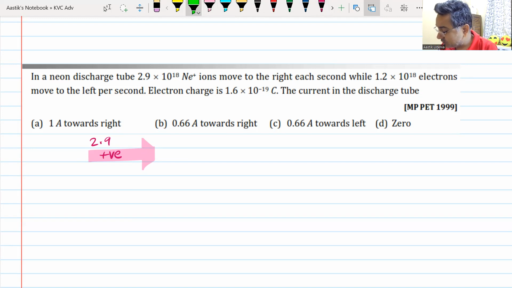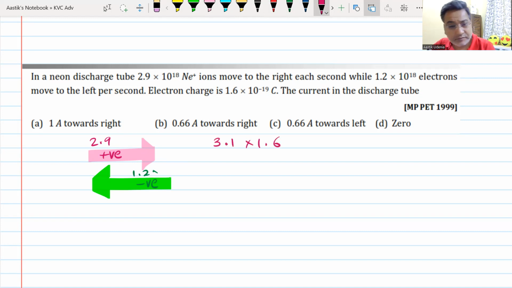Negative charges are moving from here to here. Now, negative charges moving from here to here, 1.2. Forget about 10 raised to the power 18. It is same as positive charges moving from the other side. Yes or no? Yes, sir. So the total positive charges that are moving is 3.1 multiplied by the charge of an electron. Yes or no? Yes, sir.